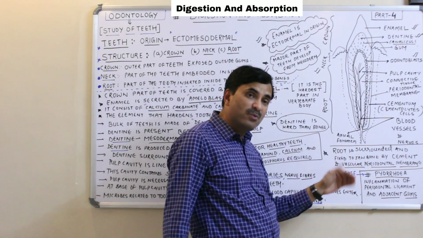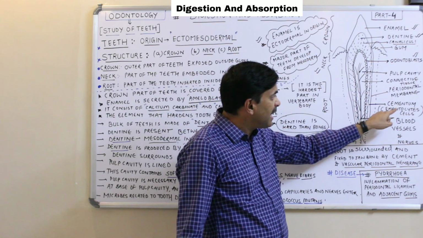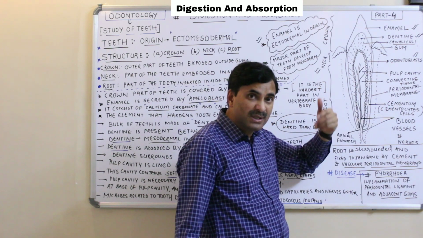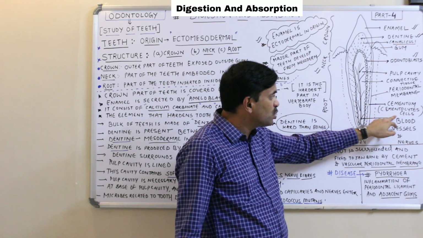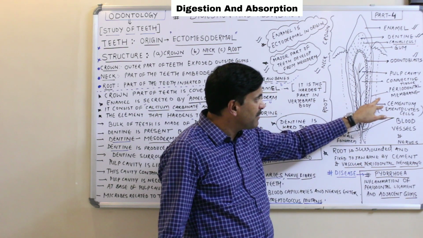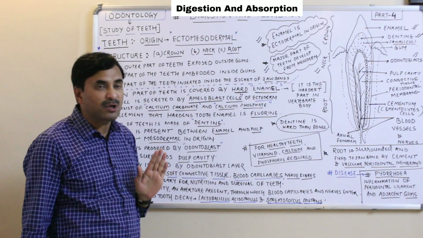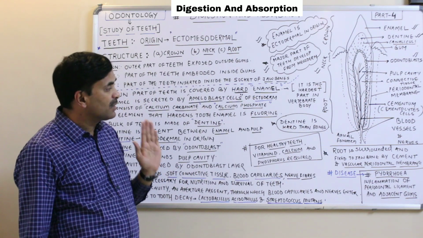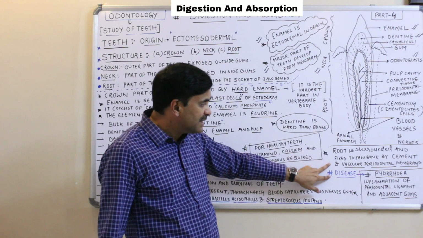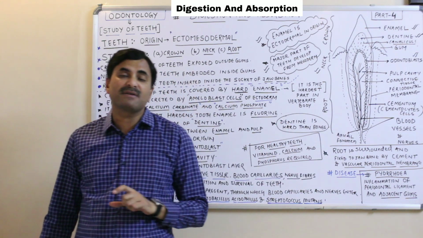So the root is surrounded and fixed to the jawbone with the help of the cement, also called the cementum or cementocyte cells, and a vascular periodontal membrane. Is it clear?